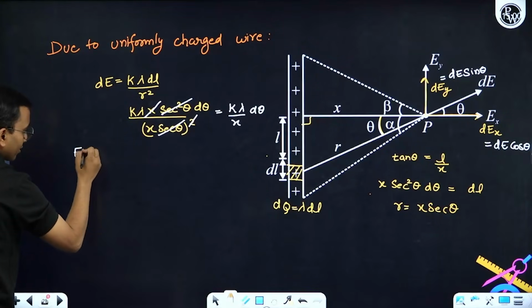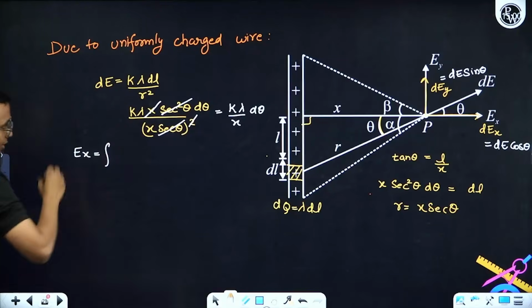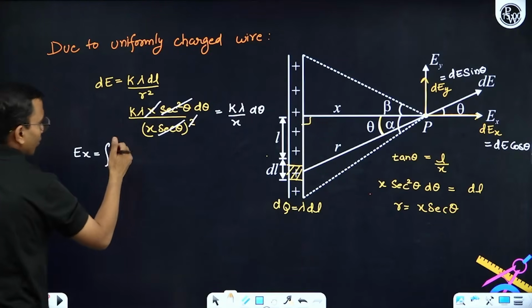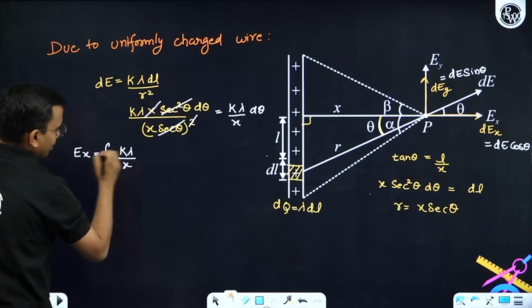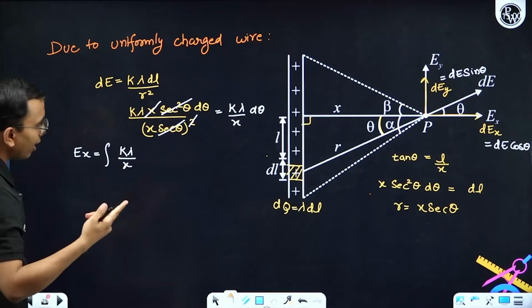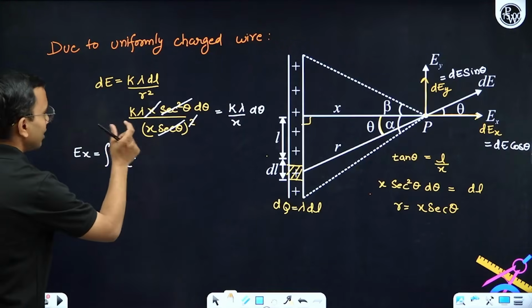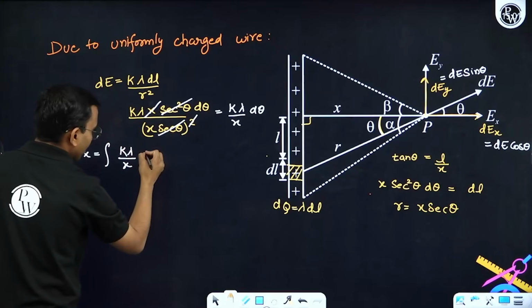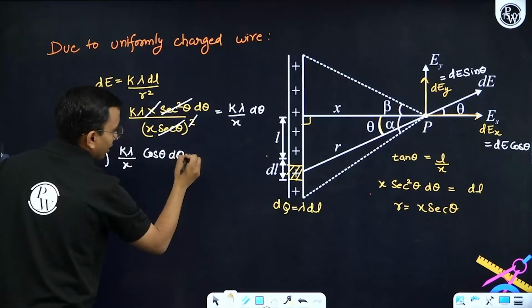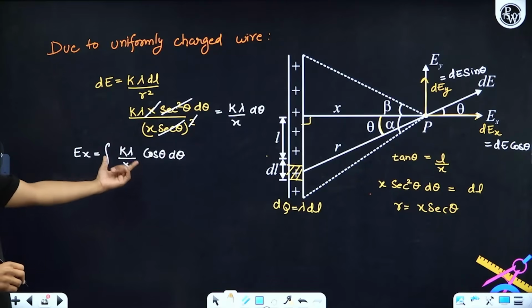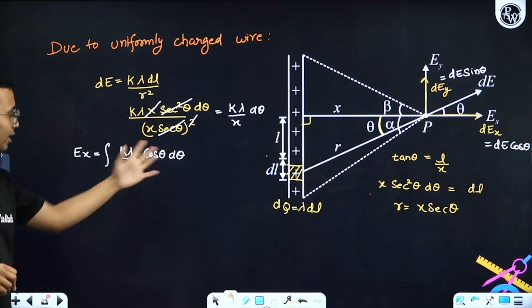So Ex is integration of dEx. What is dE? K lambda by x into d theta. So dE into cos theta. Cos theta is also there. So cos theta d theta. This is my dEx, k lambda by x cos theta d theta.